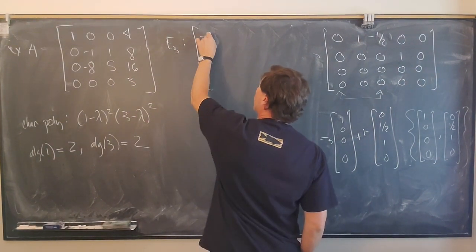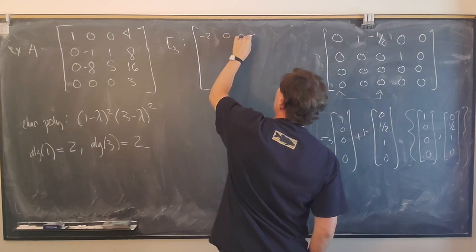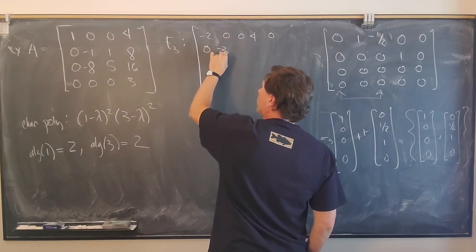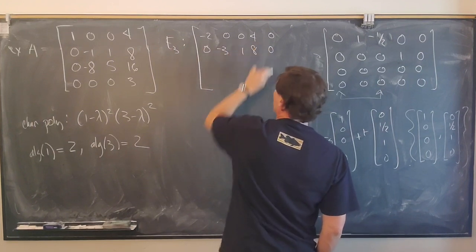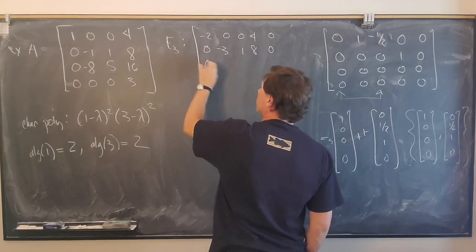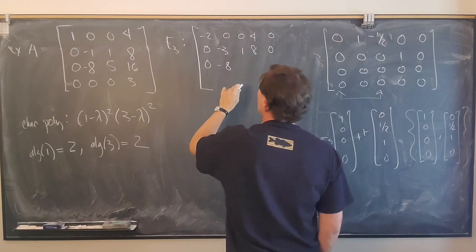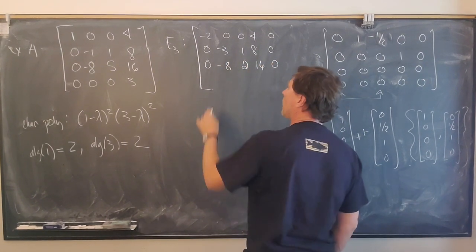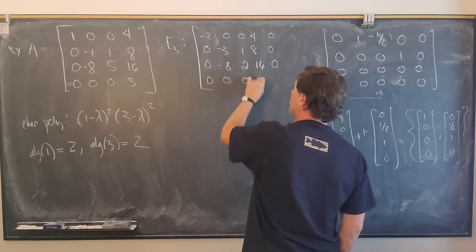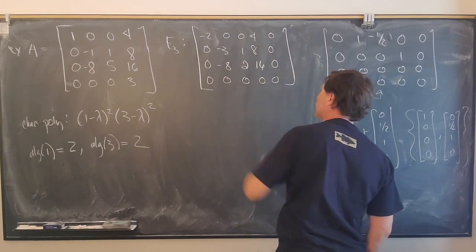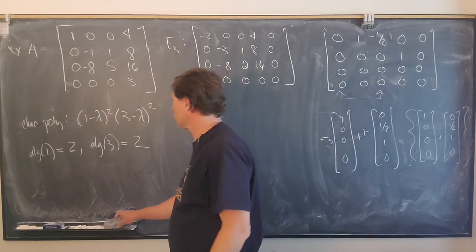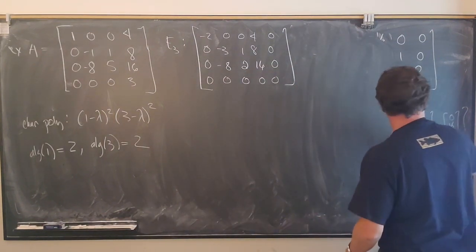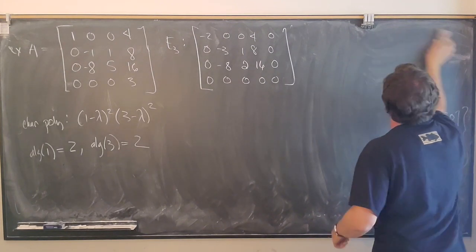So we'll get -2, 0, 0, 4, 0. 0, -3, 1, 8, 0. 0, minus 8, 2, 16, 0. And 0, 0, 0, 0, 0.